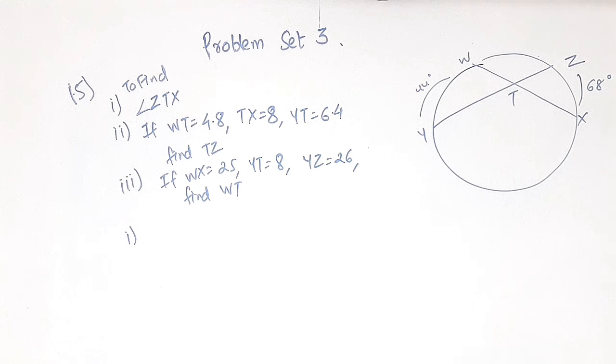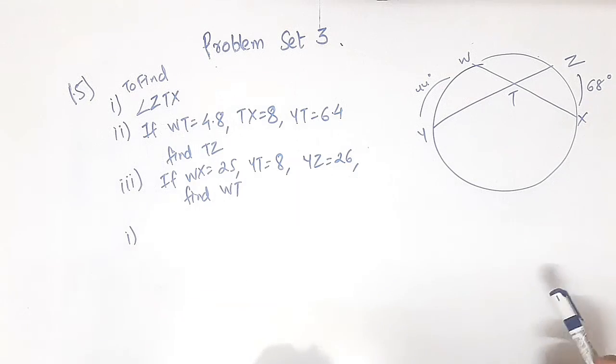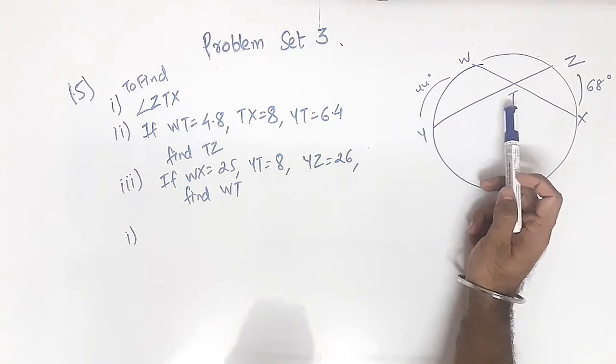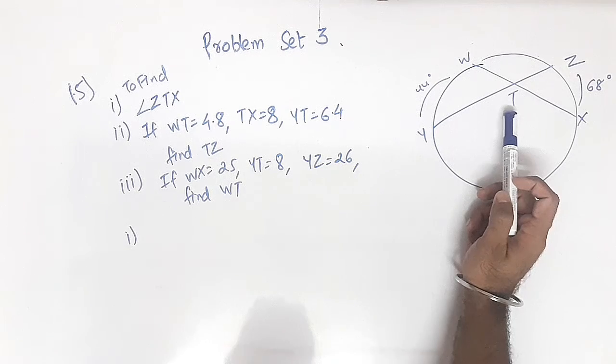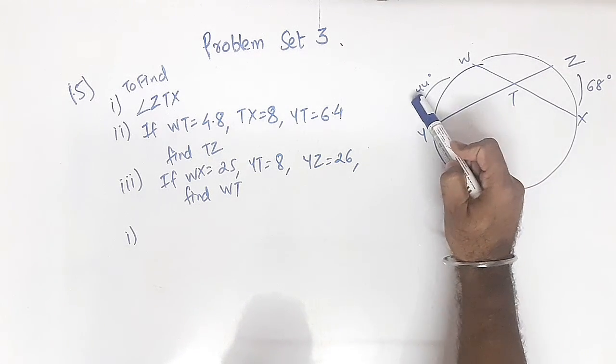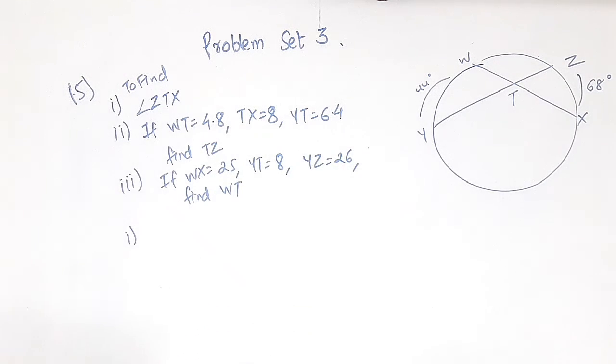So coming to sum number 15, we are given two chords which intersect inside the circle, and the measure of arc WY is given as 44 degrees and arc ZX is given as 68 degrees.